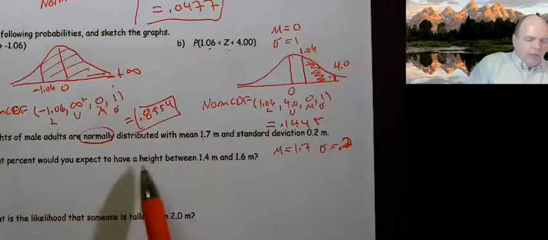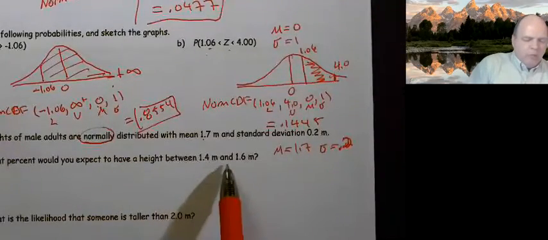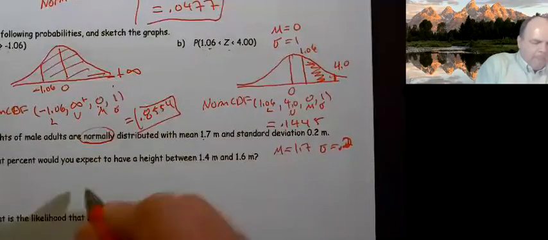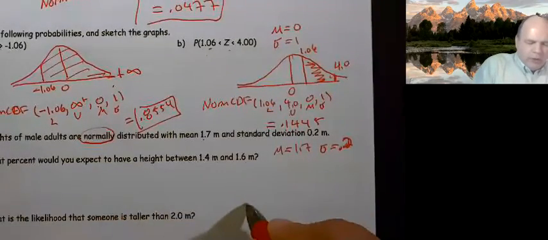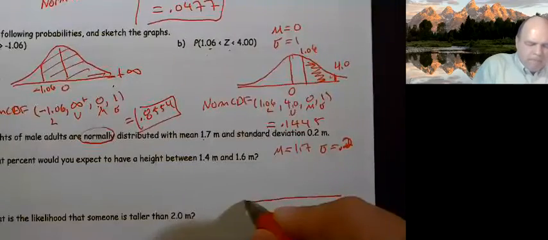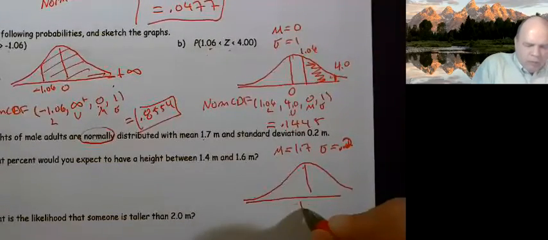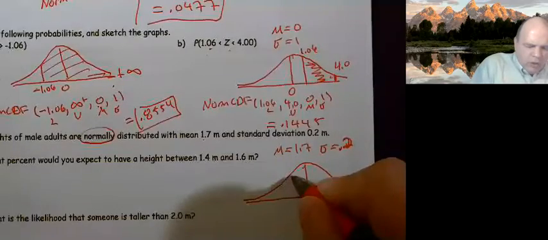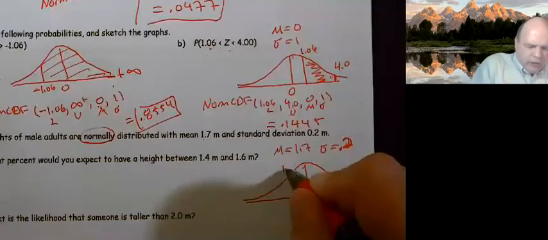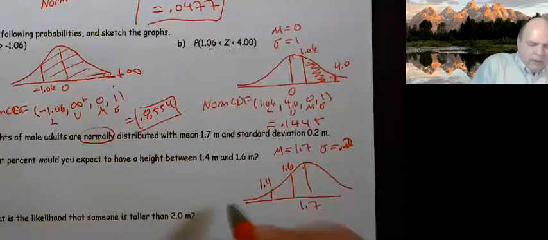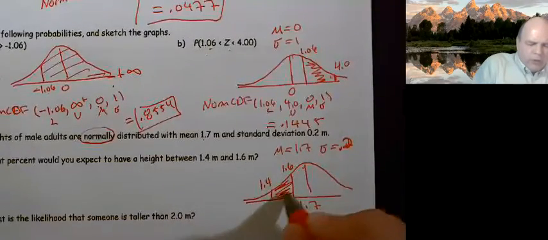What percent would you expect to have a height between 1.4 meters and 1.6 meters? So let's draw a picture. Mean is 1.7. We have 1.6 here, and somewhere down here is 1.4. All right. So I'm looking for this area.